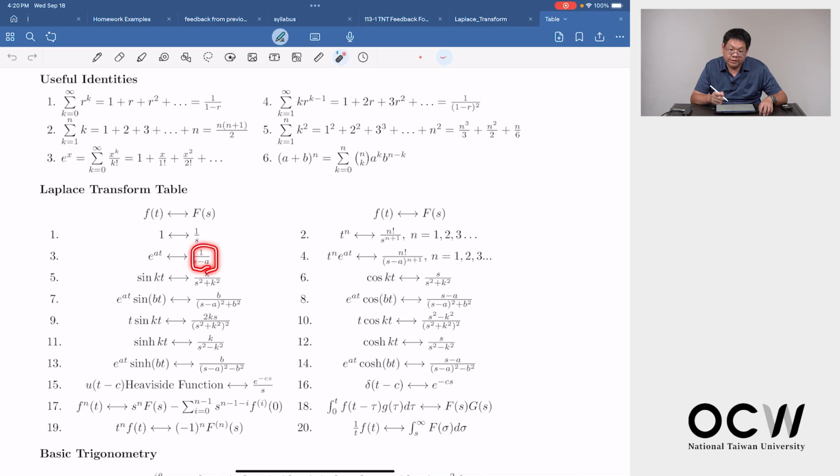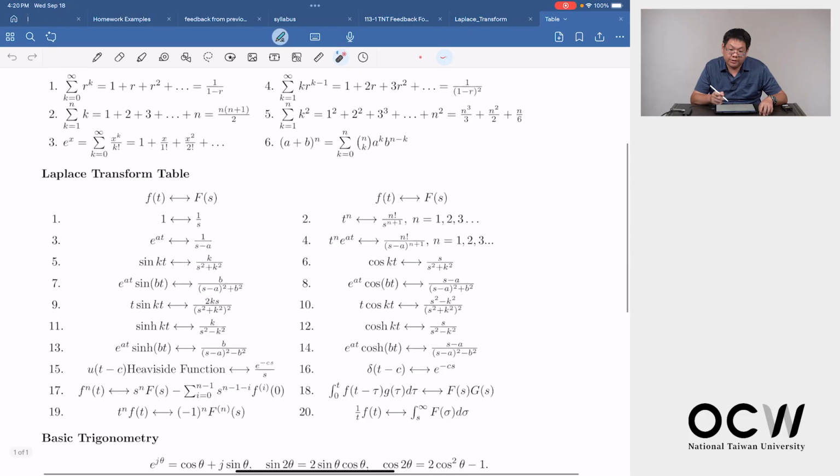If you have the Laplace transform in this form, like 1 over s minus a constant, then your original function should be e to the at, the exponentials. Okay, so you can check that from the table. In the quiz and also the midterms, I will provide this table, just this page, okay?